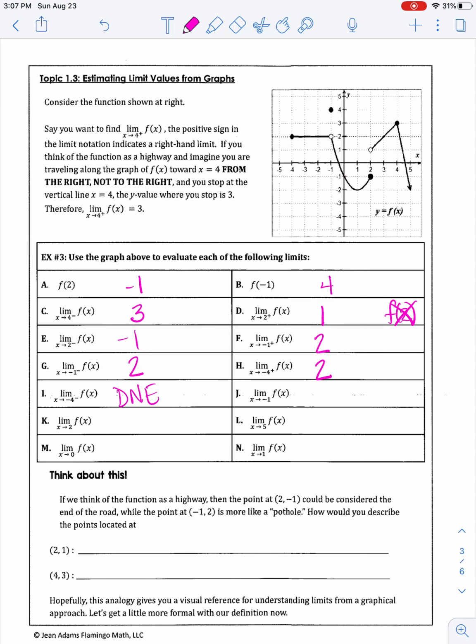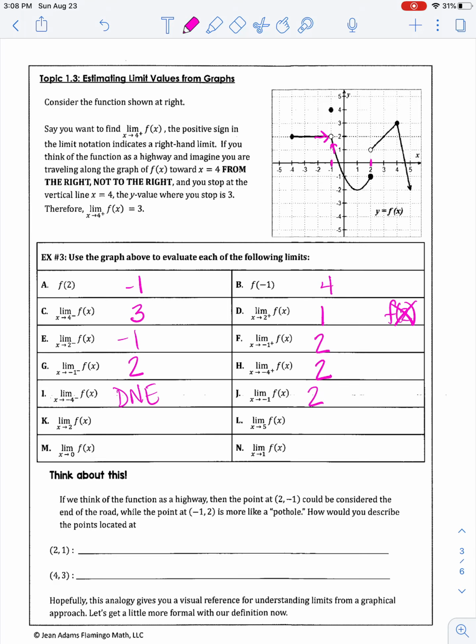Okay, again, let me clean this up a little bit. -1. Okay, so this one doesn't have a direction on it, so I'm looking at -1 from both sides. So here's -1. So from the right and from the left, it is both approaching a 2. All right, K wants me to head towards a 2 from both sides. So here's the 2.